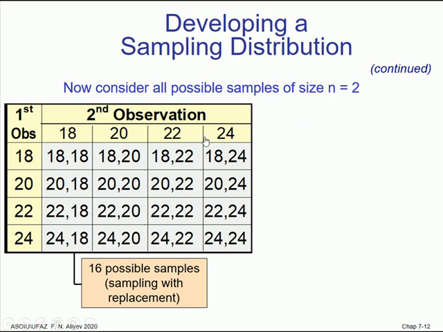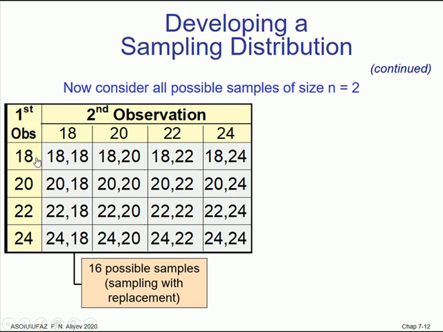Okay, so we consider 2 observations for the sample size 2. For the first observation, you may select as the first person 18, 20, 22, or 24. Second observation, same people. That is why we can have here as a sample 18, 18. Why does this occur?